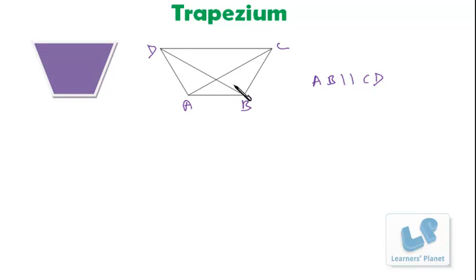Okay, so AB is parallel to CD, but BC is not parallel to AD. Okay, so we have one pair of sides which are parallel to each other. Okay, now the perimeter will be AB plus BC plus CD plus DA, and let's calculate the area of trapezium.